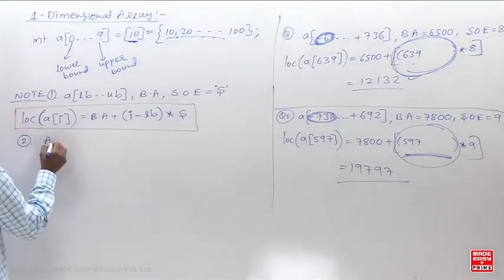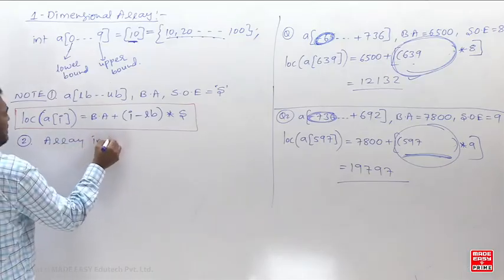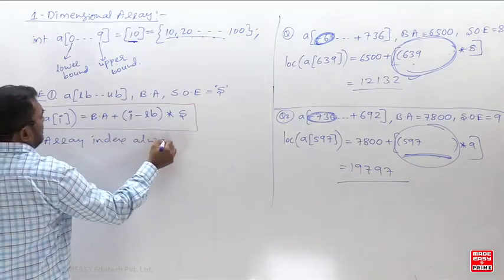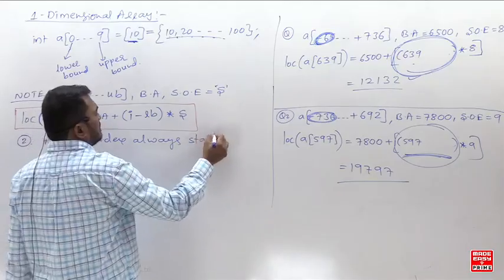Second point. Array index always starts with 0.